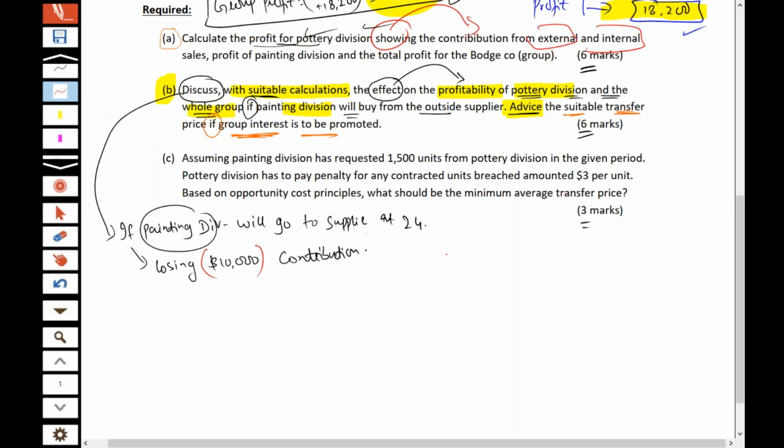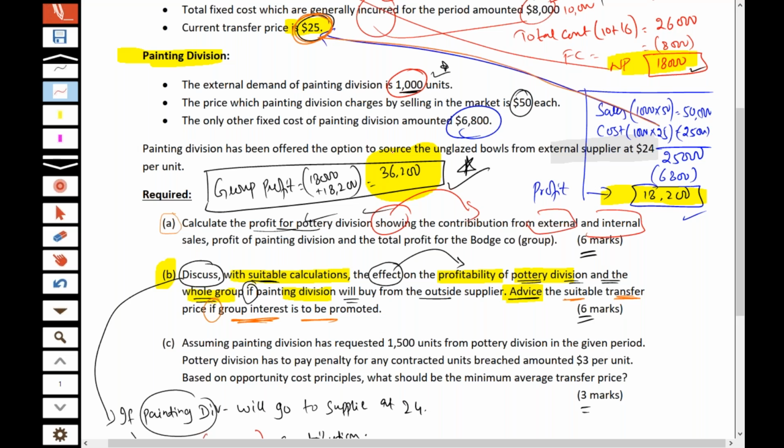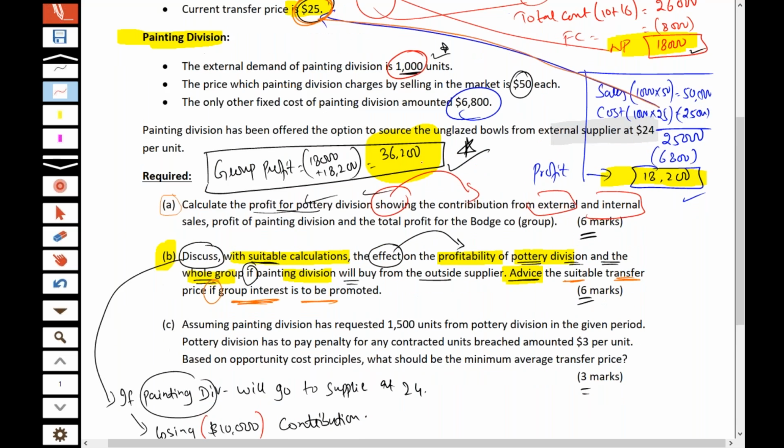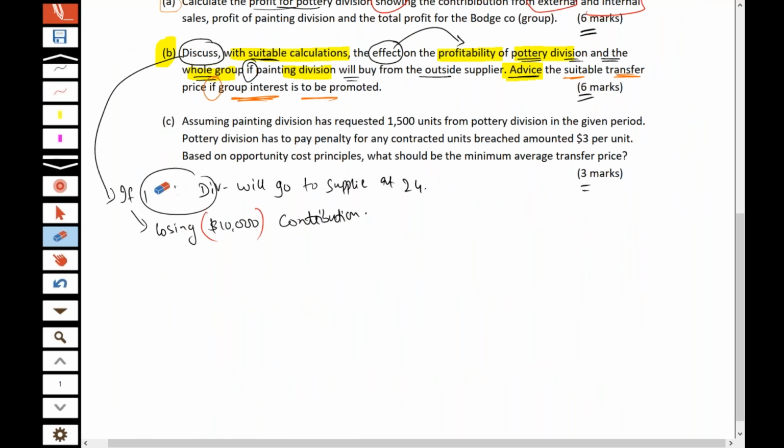But tell me students, will there be a benefit to the painting division? Sorry, this is the pottery division. If the painting division goes outside, then I should write the lost contribution in that way, and the effect I should write in some other way.